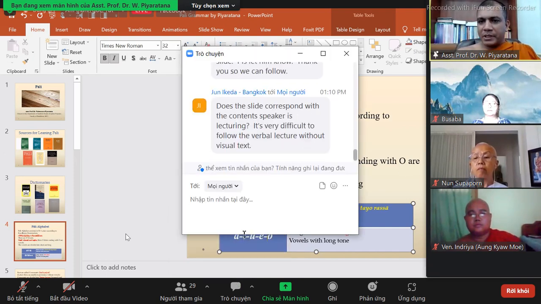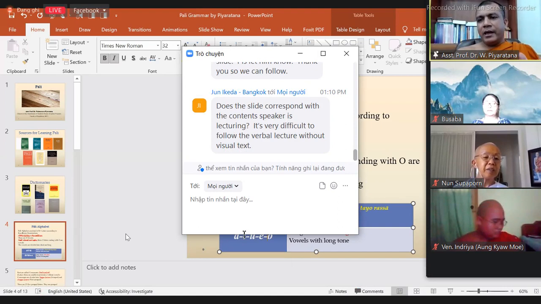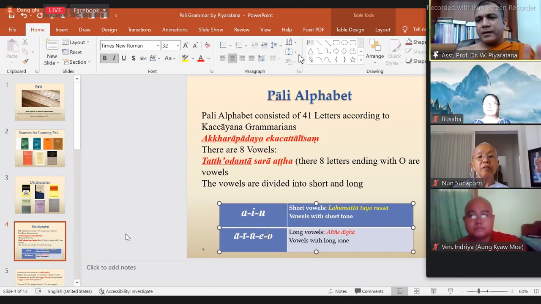Tradition is that mostly E and O are pronounced as long vowels, but in some cases there is special usage. So when the second part of the word is a combined letter, we pronounce these two vowels as short vowels. That is to remind you.